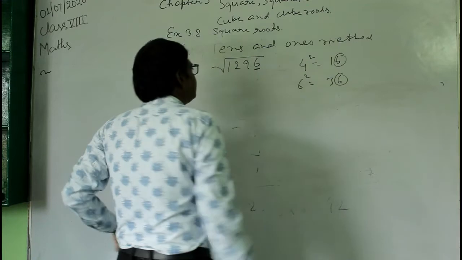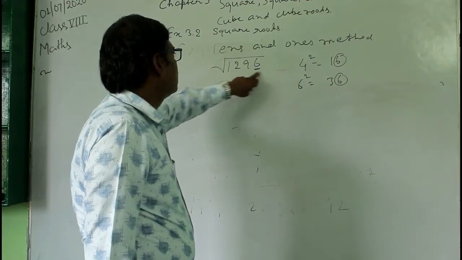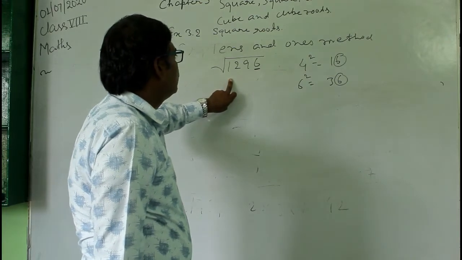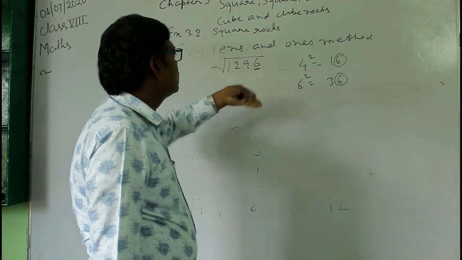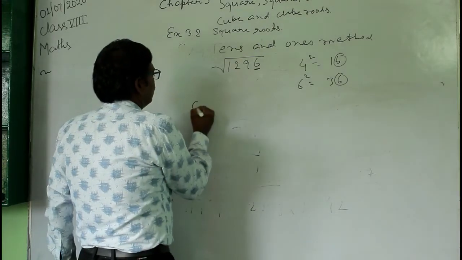So it means that when you find the square root of this number, the ones digit in the square root will be 4 or 6.